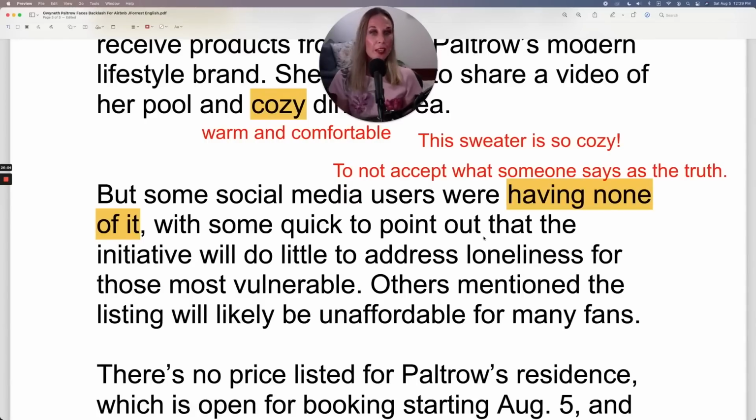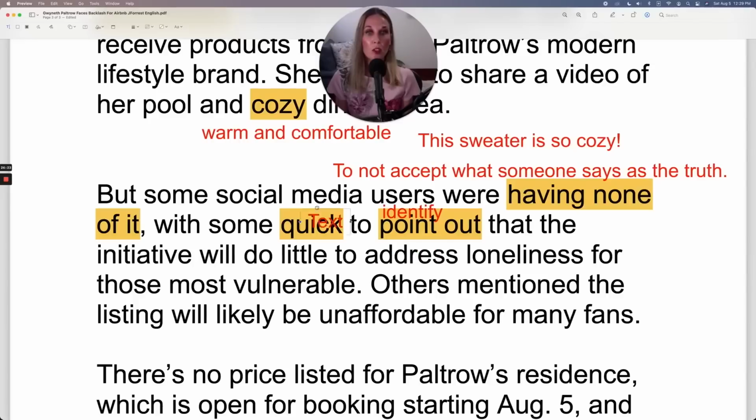With some quick to point out, when you point something out, you draw attention to it, you identify it. So I'll put that there, to identify. And then remember, quick, we also learned what was the other adjective that you can use?